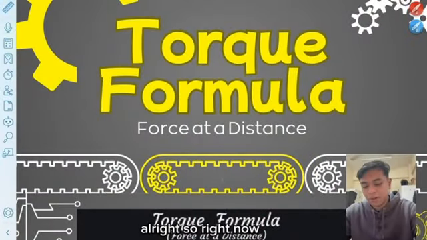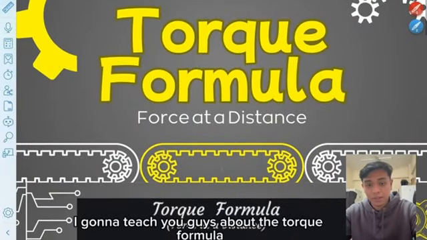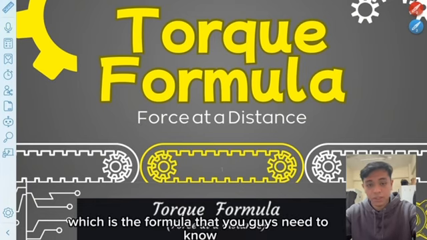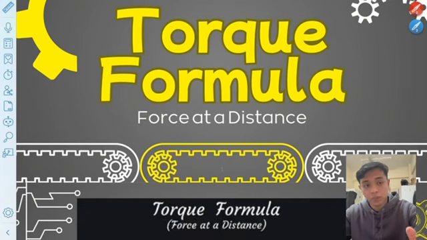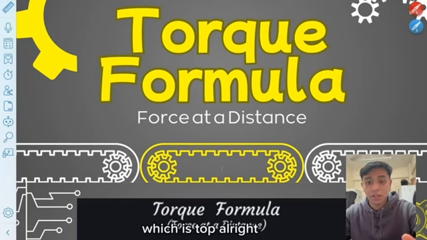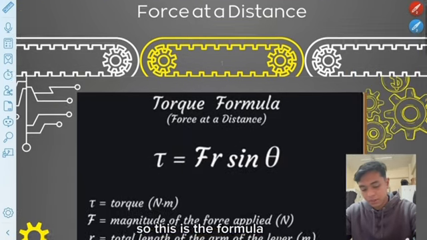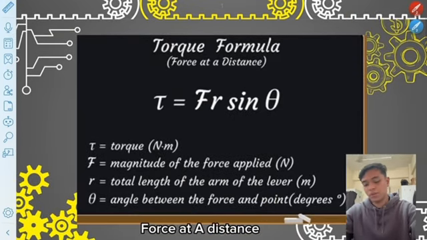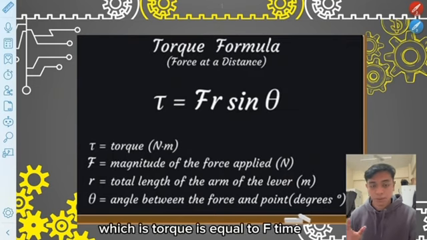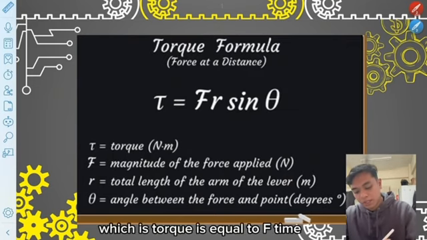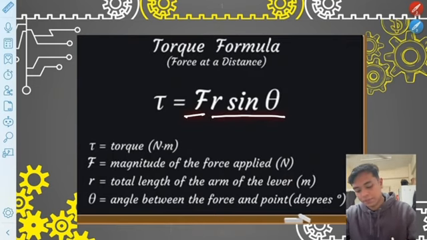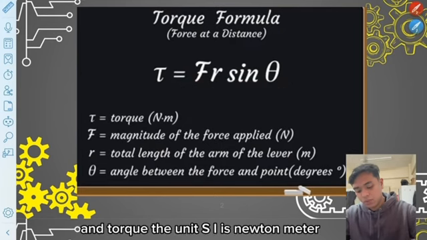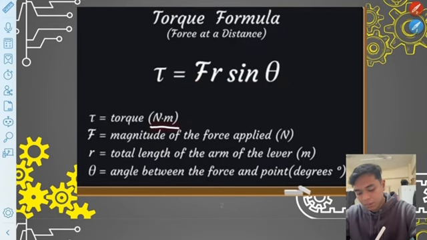Right now, I'm going to teach you guys about the torque formula, force at a distance, which is the formula that you need to know in this subtopic. So, this is the formula: torque is equal to F times R sine theta, and the SI unit of torque is newton meter.